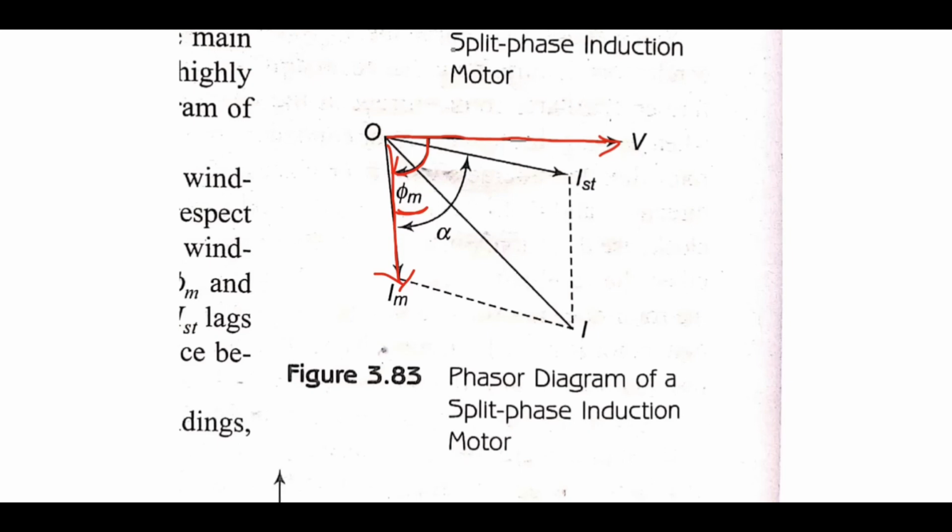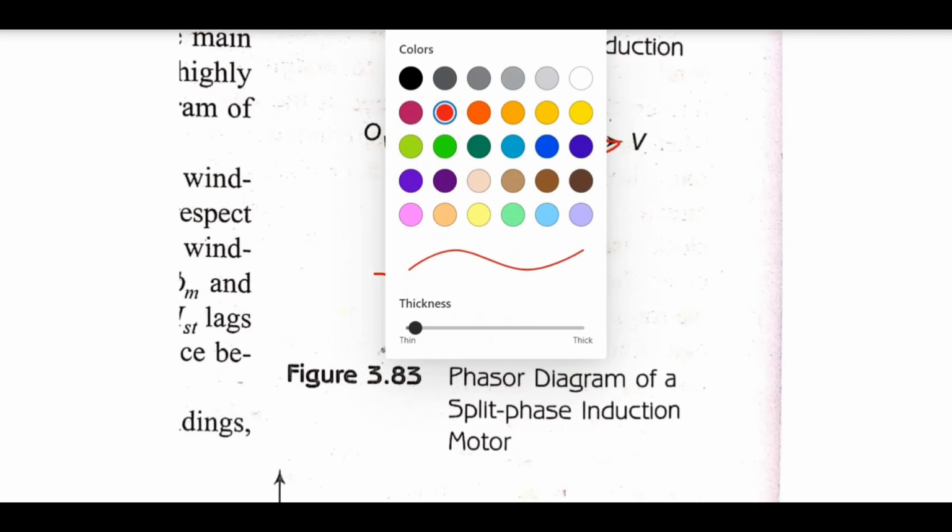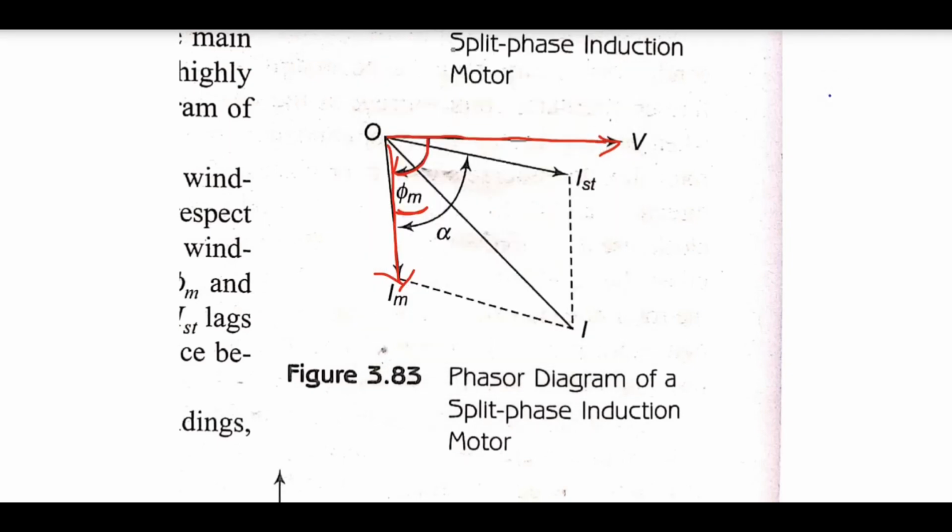And since the auxiliary winding is highly resistive, Ist lags with a very small angle.